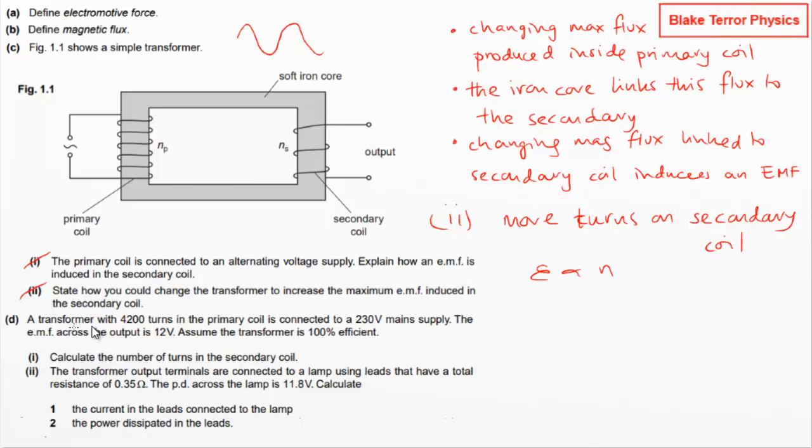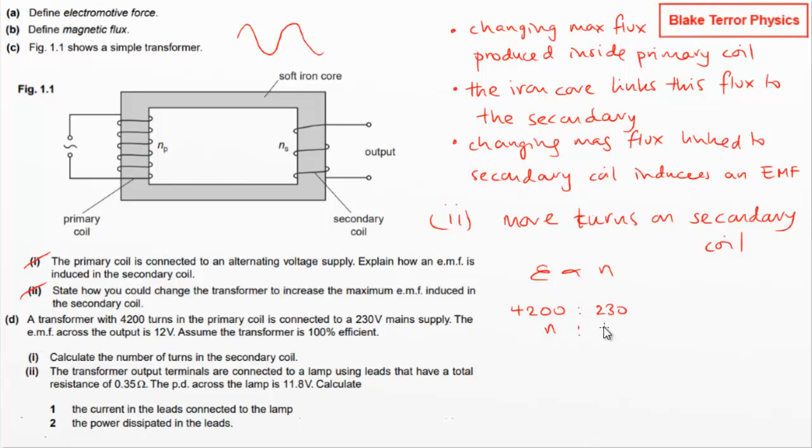That's fine. A transformer with 4,200 turns in the primary coil is connected to a 230 volt mains supply. The EMF across the output is 12 volts. Assume it is 100% efficient. Calculate the number of turns. So we know that the ratio of the number of turns to the voltage is going to be the same on both of the coils.